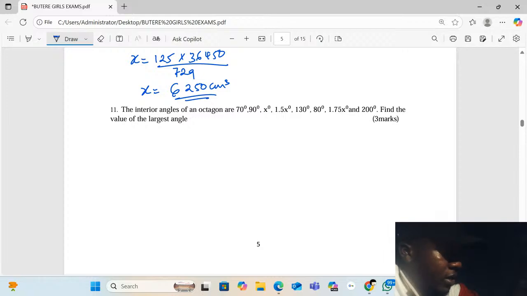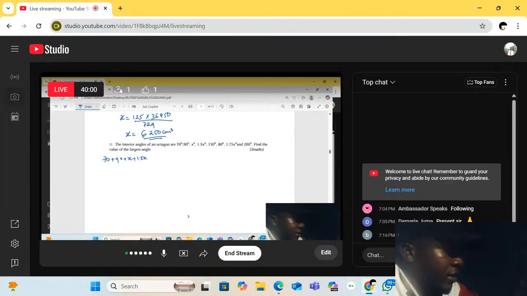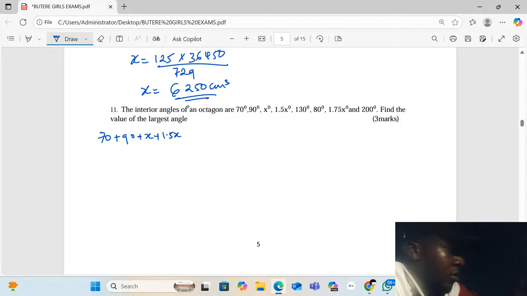When you add 70 plus 90 plus x plus 1.5x, then plus 130 plus 80 plus 1.75x plus 200, it should give you 1080.